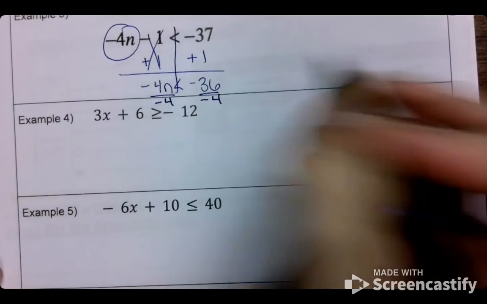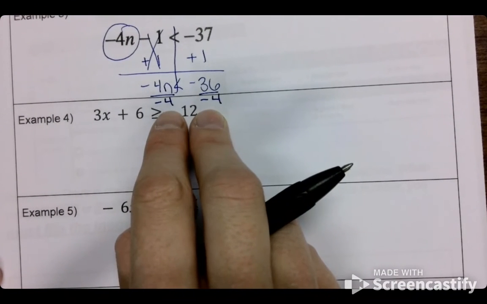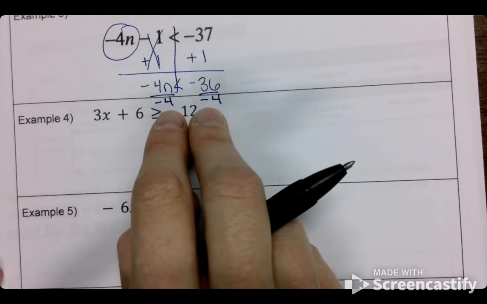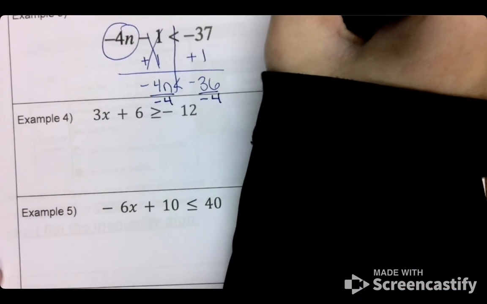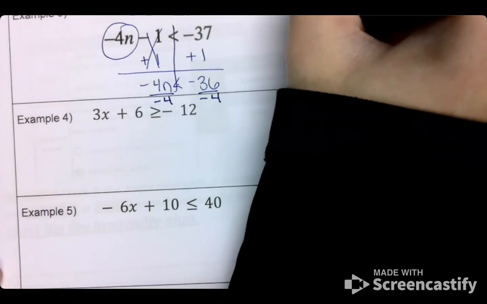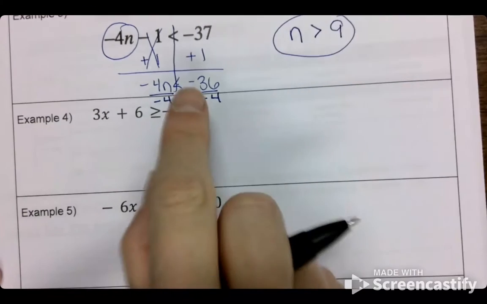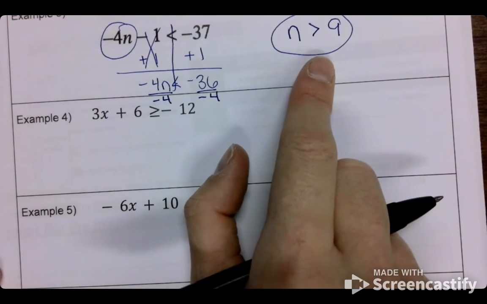When I divide by a negative on both sides, key words here, this sign in the middle is going to flip. So this is now going to be n. This is going to be positive 9. This sign now flips directions. Before it was facing the negative 36. Now it is facing the n.